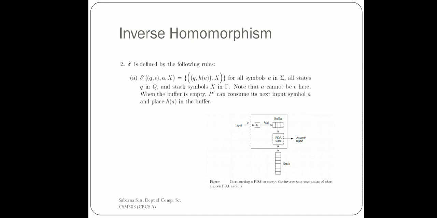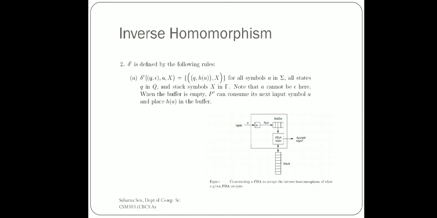And when the buffer is empty, P dashed can consume its next input symbol a and place h(a) in the buffer. So when the buffer becomes empty, it is again going to put something into the buffer, that is the next input symbol a, and it will use the function h(a) and place it in the buffer only.